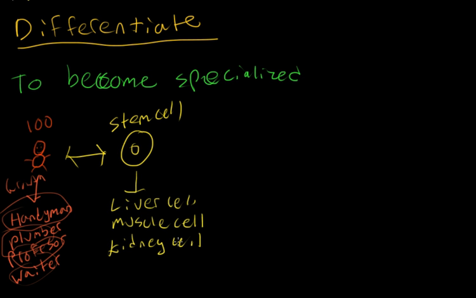That's its job. It performs those functions. If it becomes a liver cell, it performs the functions that a liver cell would perform, and a muscle cell, same thing. So stem cells are essentially undifferentiated cells, non-specialized. Not specialized yet, and they will become specialized later on.